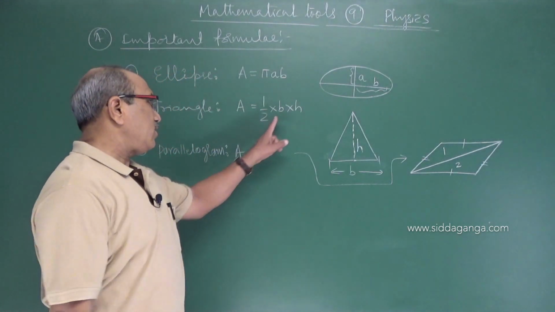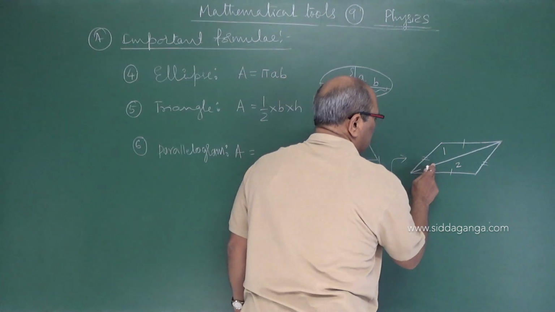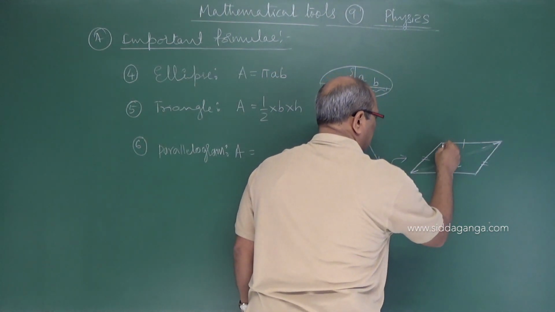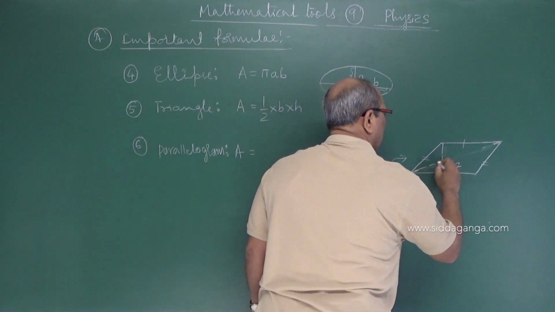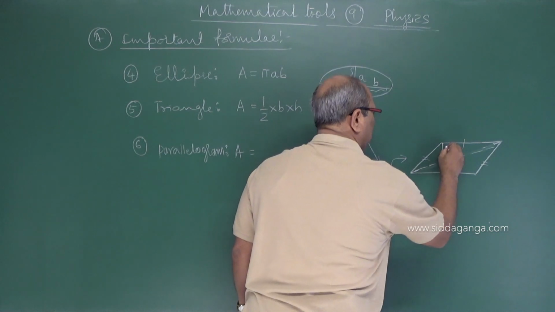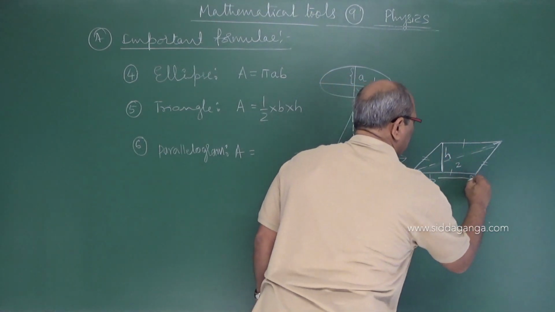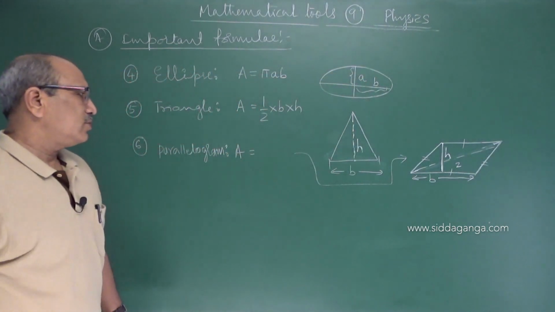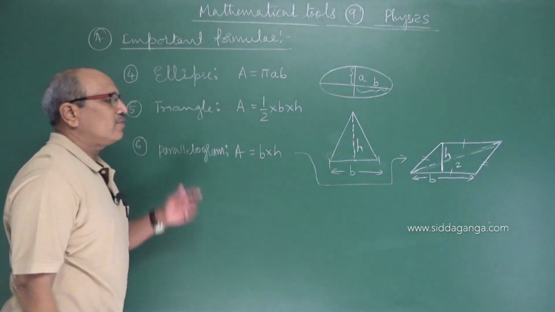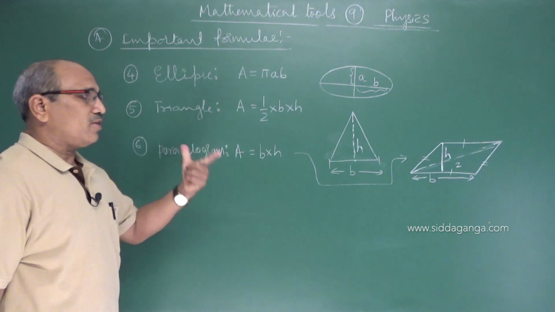Area of the triangle you have understood. Now how to find the area here? Drop the perpendicular. This is the diagonal. This perpendicular which I am drawing is the height, and this is called the base. So base into height gives you the area of the parallelogram.